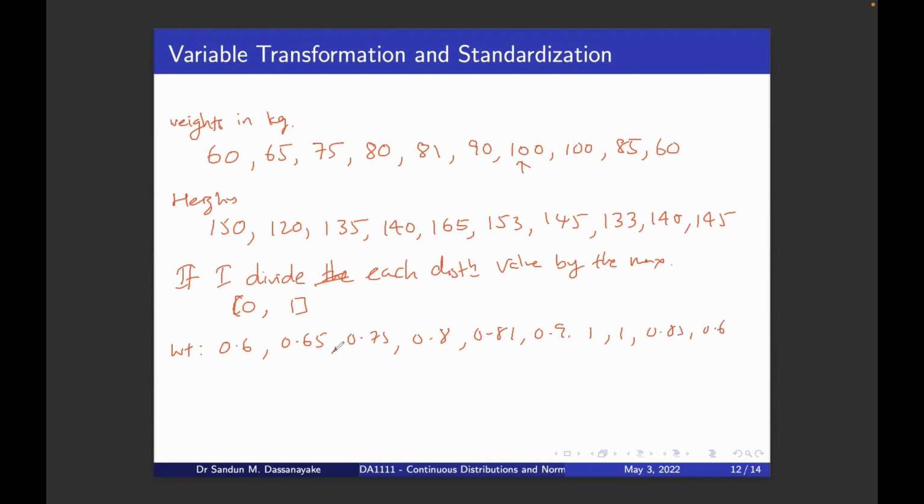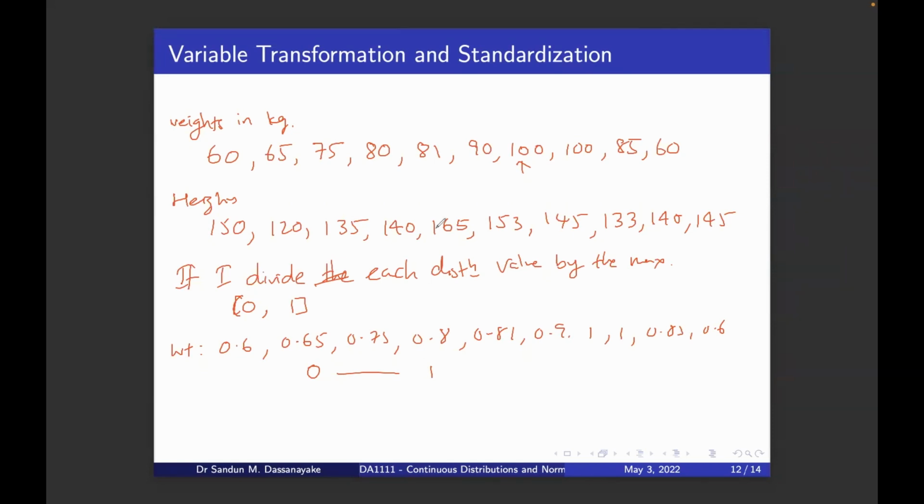So I can get a scale that ranges from 0 to 1, right? So any number of weights, any number of observations, if I divide it by the maximum value in that distribution, I'll transform that distribution to 0 to 1 range.